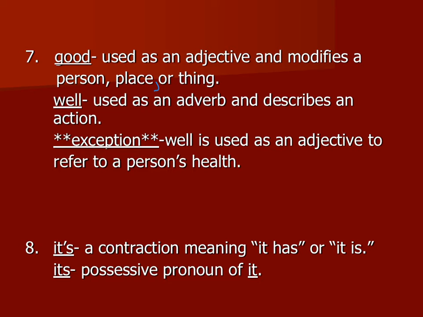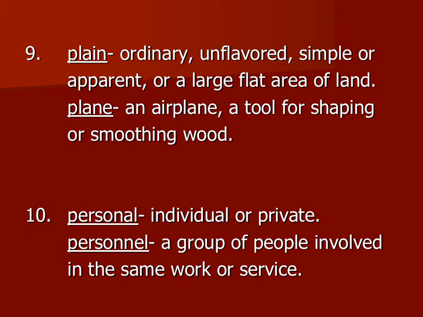So you're saying I'm doing well or I feel well. That has to do with health. Then you have it's and its. IT apostrophe S, that's a contraction for it has or it is. But if you said the dog chased its tail, it's going to be just ITS, and that's the possessive pronoun of it.